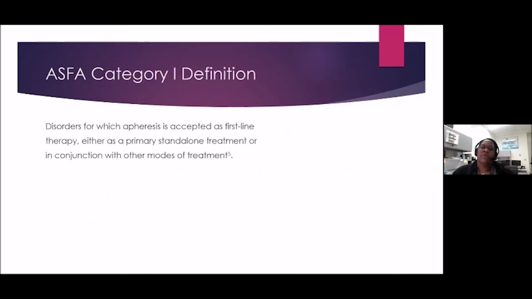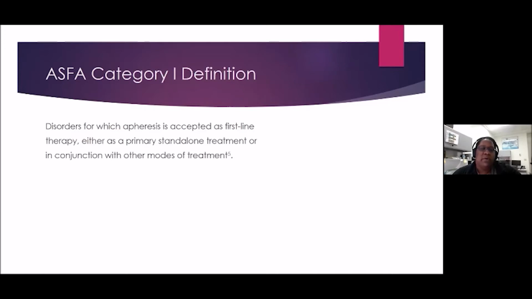So there are 4 categories for treatment of different modalities by apheresis. And apheresis could be plasmapheresis, red cell exchange, leukapheresis, platelet pheresis. And so what it does is it tells you for which disease process, which modality you use, and how likely you should be to use it.